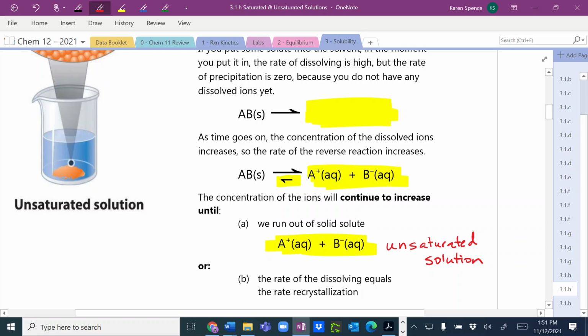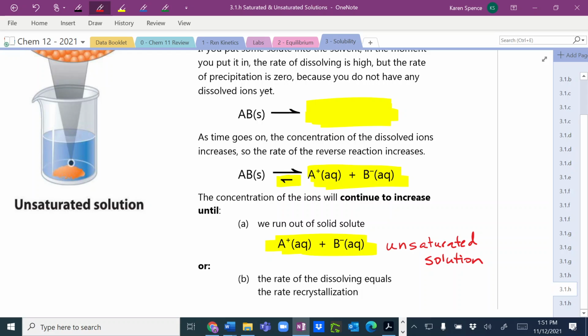Or, let's say you just kept adding extra solid and kept stirring. Add some more solid, keep stirring. Eventually, you're going to have enough ion concentration that the rate of recrystallization is equal to the rate of dissolving. If the rate of the forward and the rate of the reverse are the same, what is true? We are at equilibrium.